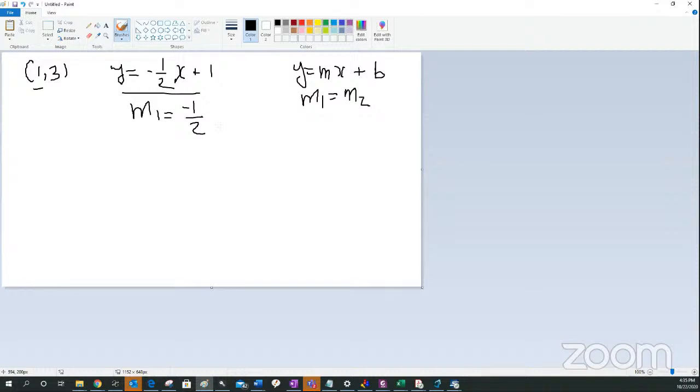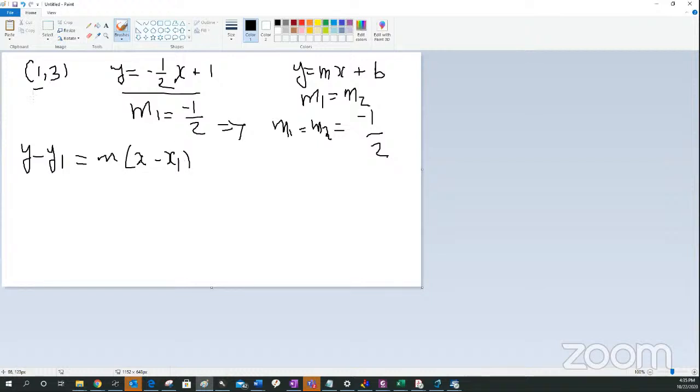So we now know m1 is equal to m2, which is equal to negative 1 over 2. Now we're going to write this as an equation and prove it as well. So we know our equation: y minus y1 is equal to m times (x minus x1).